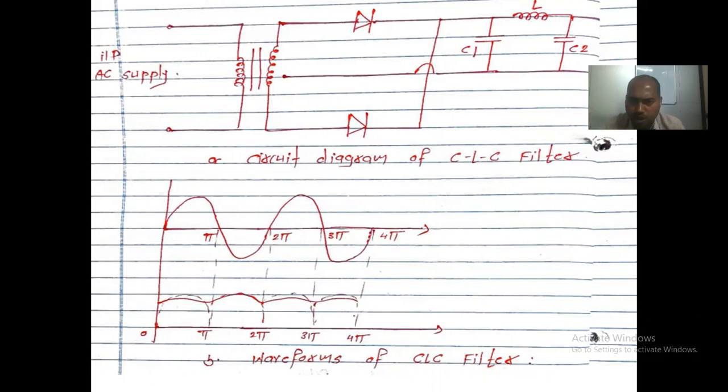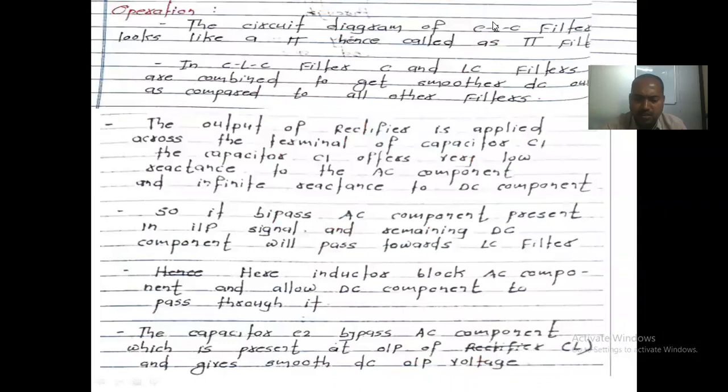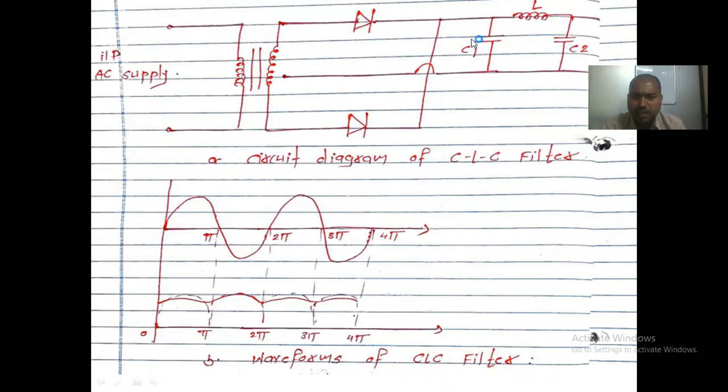All of the AC part is passed by this capacitor, so AC goes towards the ground. All the remaining DC is passed over here. Whatever the DC coming across here is passed over the inductor. We know the property of the inductor is that it passes only the DC signal.